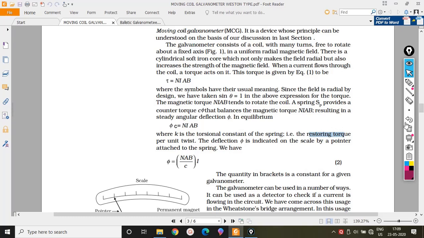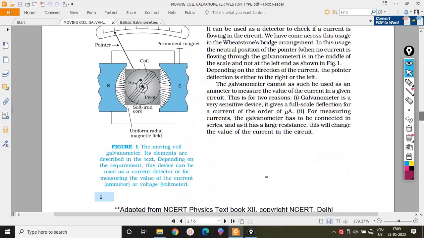Again, when I tried to show you, I did not mention over what material this coil is wound. Here the coil would be wound over, as per the requirement, maybe a conducting frame, maybe a non-conducting frame.